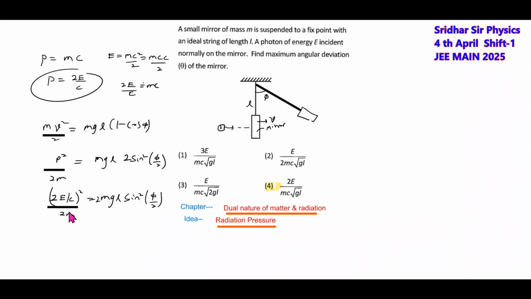Everything here will become 4, and this will cancel out. E square by m square c square will be gl. Phi will be very small, so we can write sine phi by 2 as phi by 2 only.